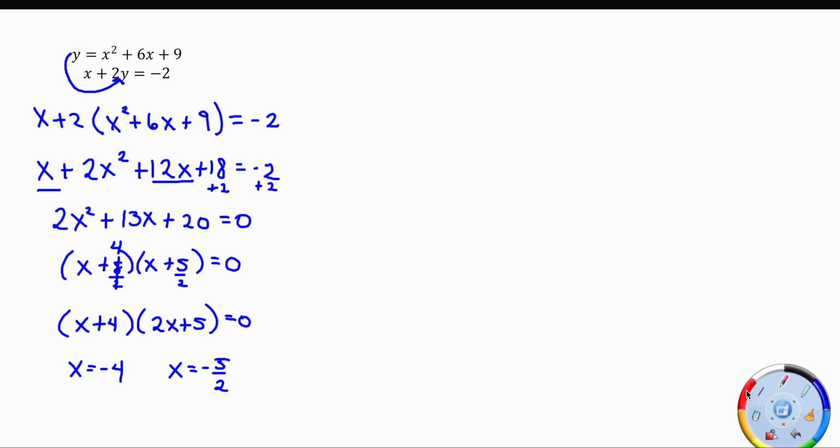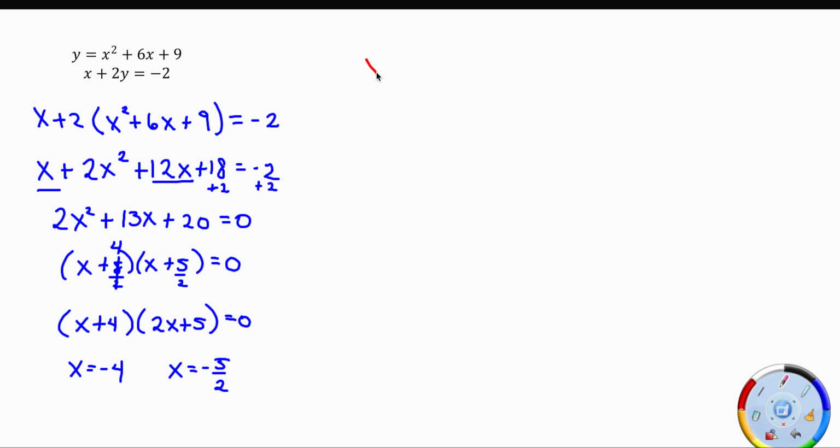Now, once I know what x is, I have to go back and figure out what y is, and I need to plug in to, hopefully I'll plug into the easiest one, and looks to me like this would be the easiest equation to plug into.